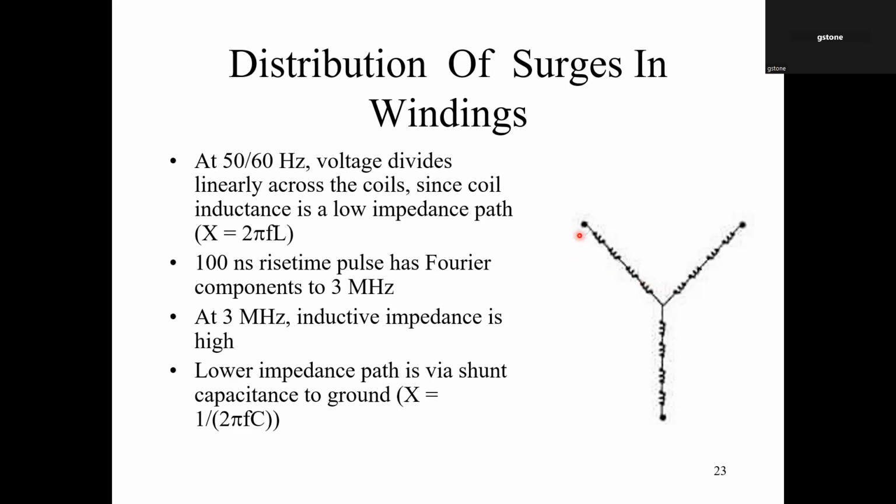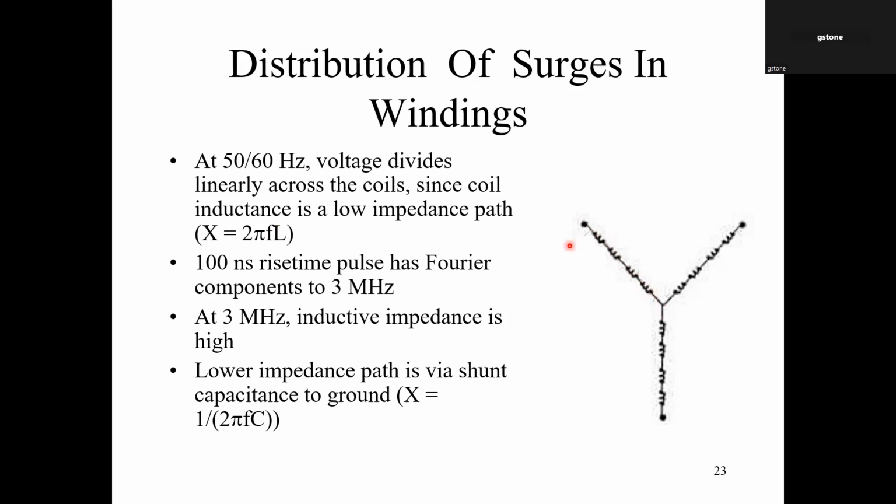Now when you put that frequency, instead of putting 50 hertz in here, you put 3 megahertz in here, all of a sudden that inductive impedance becomes megohms, or at least hundreds of kiloohms. And current doesn't like going through hundreds of kiloohms. So the current doesn't want to just normally travel right through that winding.